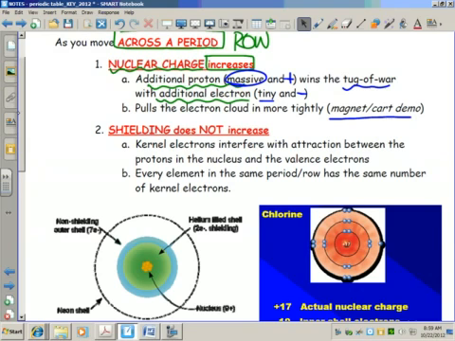It's not going to do that because the car is massive, it's huge. But the magnet will snap to the car because it's tiny. So in this case, the car represents the protons in the nucleus, and the magnet represents the additional electron on the outside. The proton wins the tug of war because it's massive.